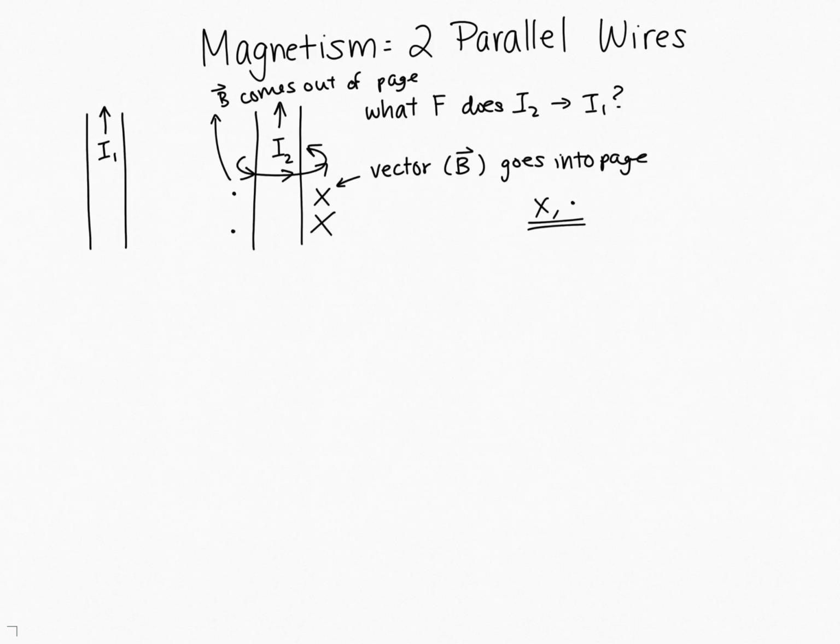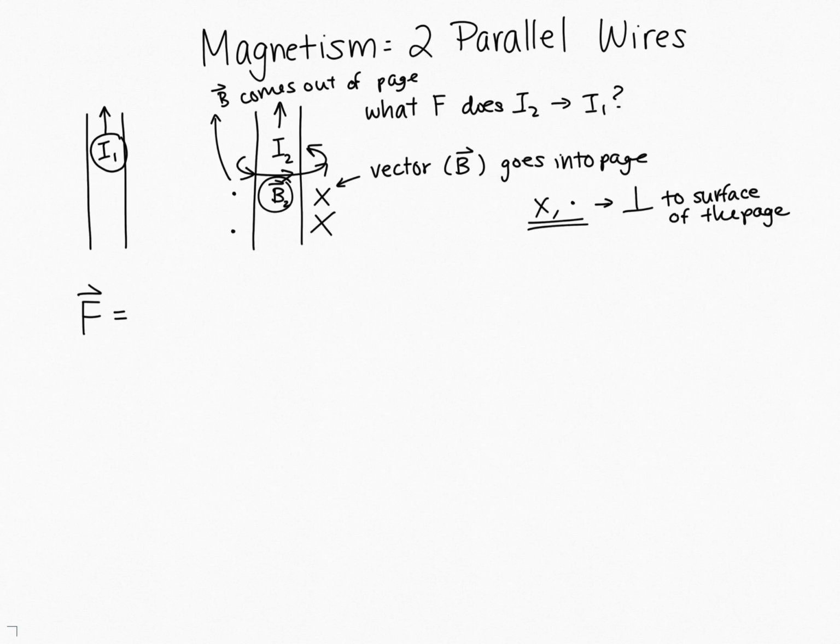In both of these formats, the x and the dot, the field is perpendicular to the surface of the page. So once we've established that, we know that there is going to be some magnetic field, we'll call this B2, that wire number 1, the current going through wire number 1, is going to experience.